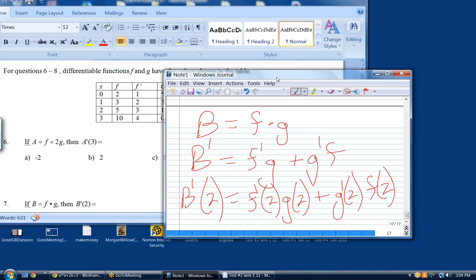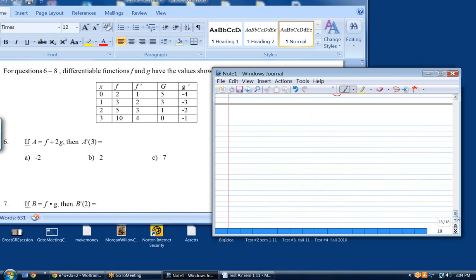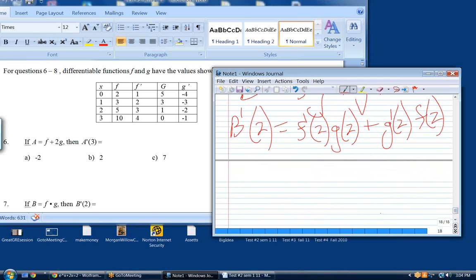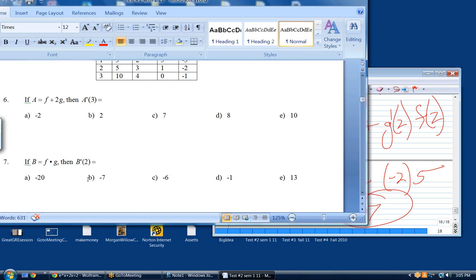We get each of those from the table. F prime of 2 is 3, so 3 times G of 2, which is 1, plus G prime of 2, negative 2, times F of 2, 5. So that would be 3 minus 10, minus 7. If that's not on there, we're probably doing it wrong. It's on there. Okay.